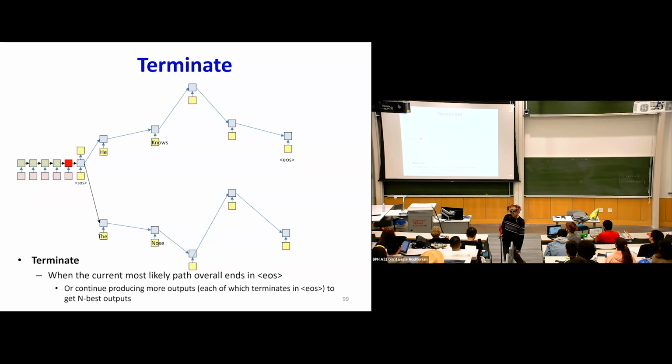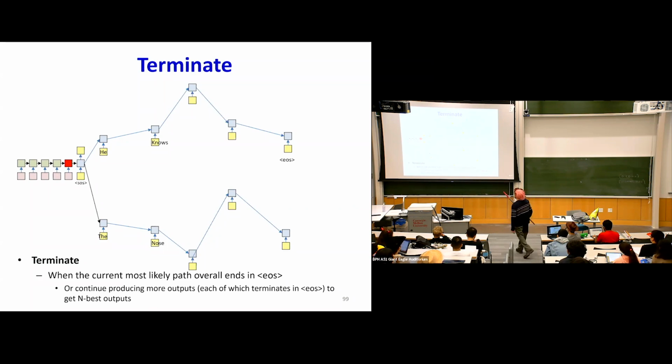But then you have to be careful. If I look at it this way, this sequence of words has terminated. Does that mean that it's my most likely sequence of words? Why not? You don't know.